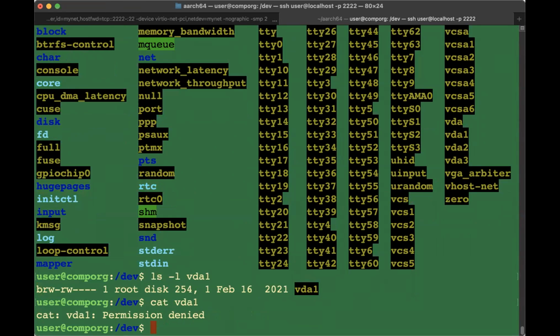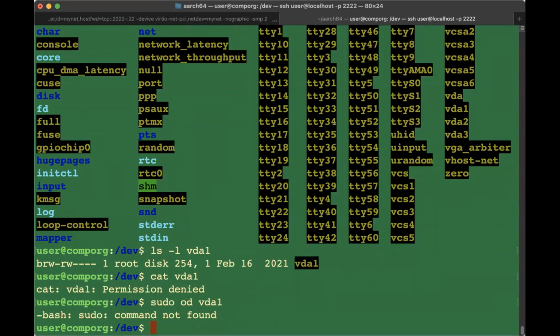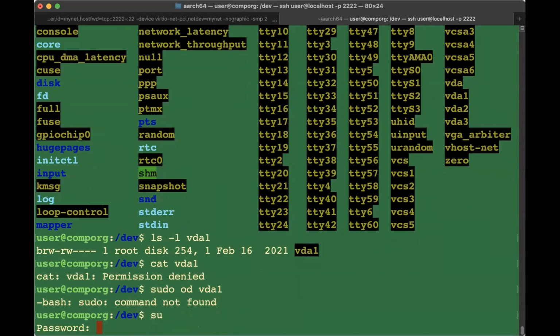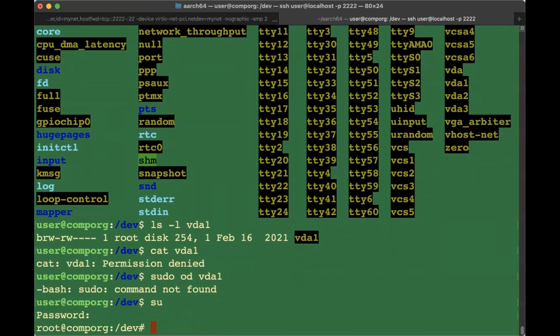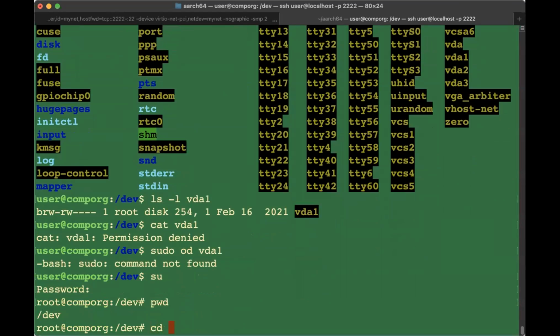Would you like to see the bits on my file? I can then say sudo od vda1. Oh yeah, su. Forgot what system I'm on. Now where am I? Yeah, I'm still in dev. od vda1.